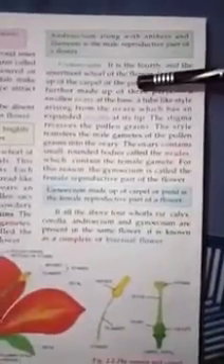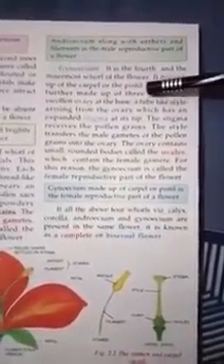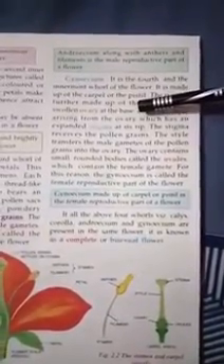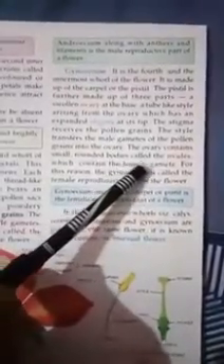Moving ahead towards the gynoecium, it is the fourth and the innermost whorl of the flower, and it is also known as the female part of the flower. It contains ovules, which contain a female gamete. As over here the pollen grains contain the male gametes in the androecium, in the gynoecium the ovules contain the female gamete.